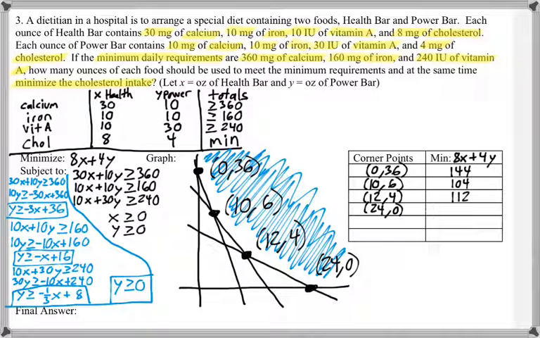And then 8 times 24 plus 4 times 0, we get 192. So the minimum value here is the 104 at (10, 6).